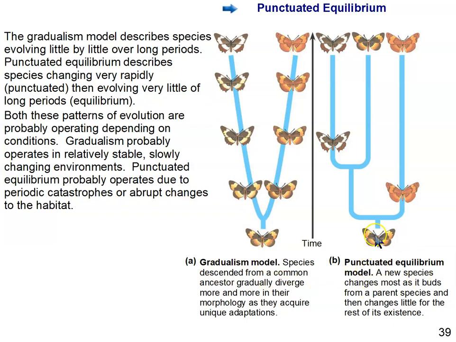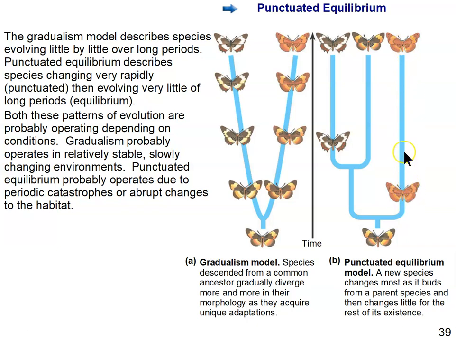Punctuated equilibrium came out of the fossil record because it appeared that species were evolving very rapidly and then not changing for long periods of time. That rapid evolution that may have resulted from catastrophe is the punctuated part of punctuated equilibrium, and then the long periods of not changing.